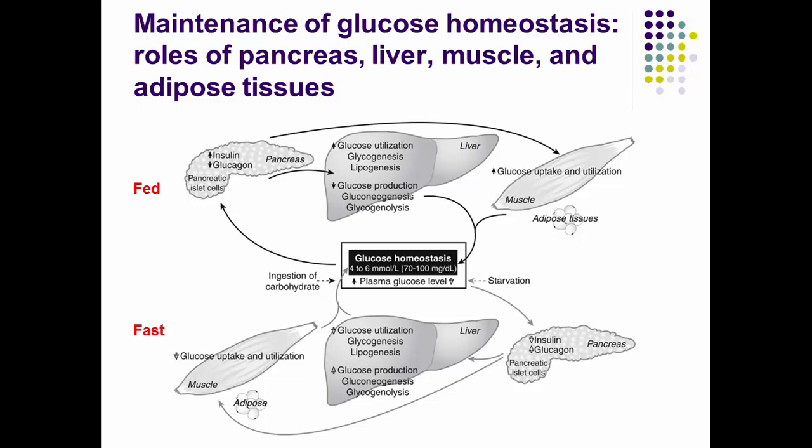Glucose homeostasis, or maintenance of blood glucose levels, involves multiple tissues, including pancreas, liver, muscle, and adipose tissue, the four most important metabolic tissues involved in the regulation of glucose homeostasis in fed and fasting conditions, right?